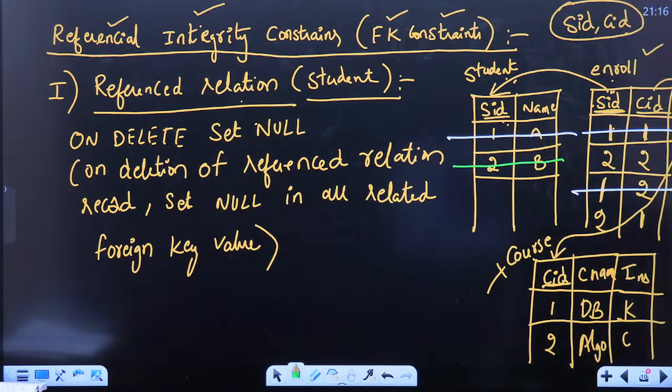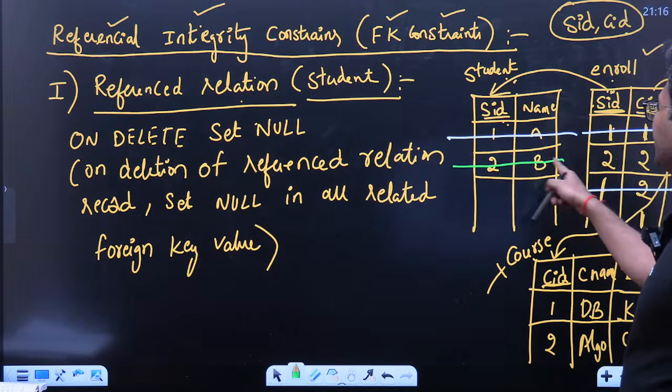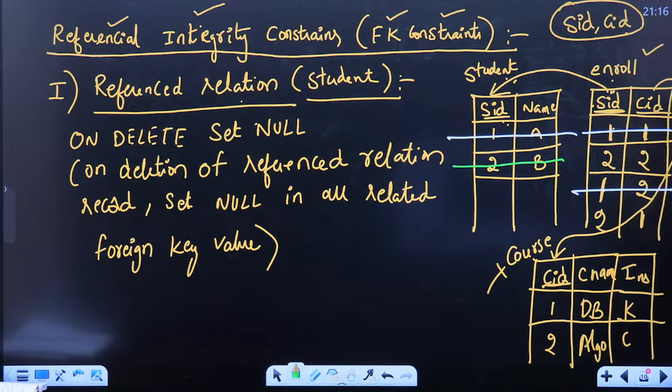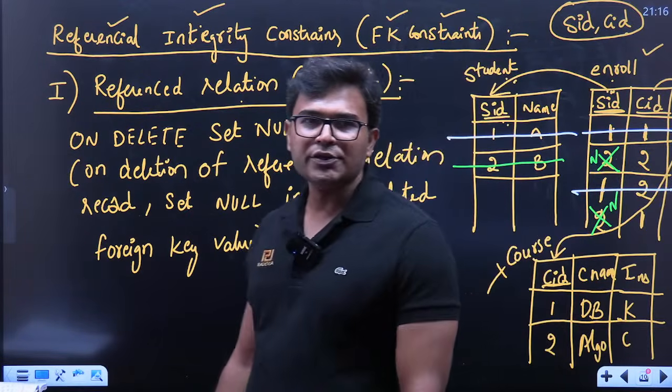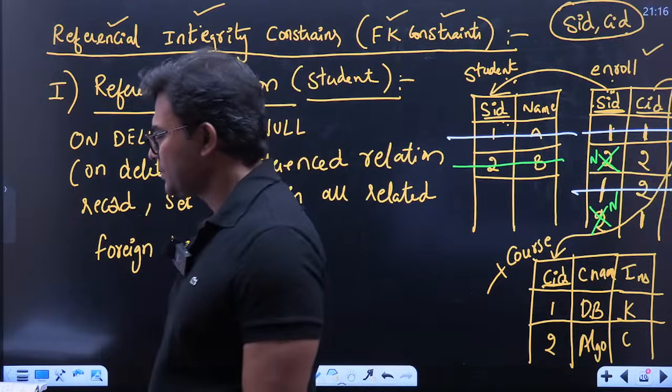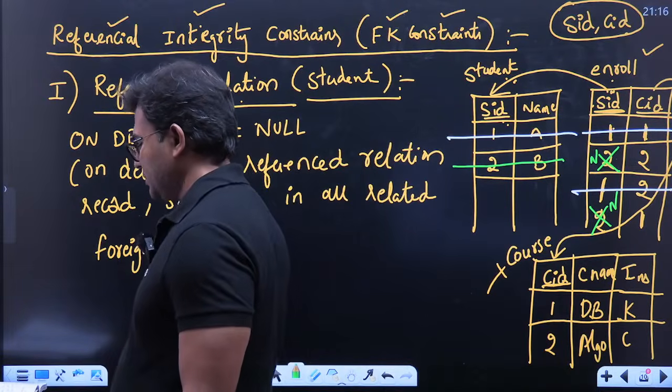Okay, on deleting 2, set as null, which means on deletion set null, don't delete this, just set it to null, and here also just set it to null. So you can choose to use any of these three options, right?